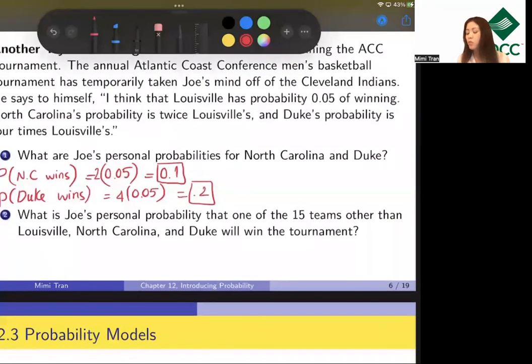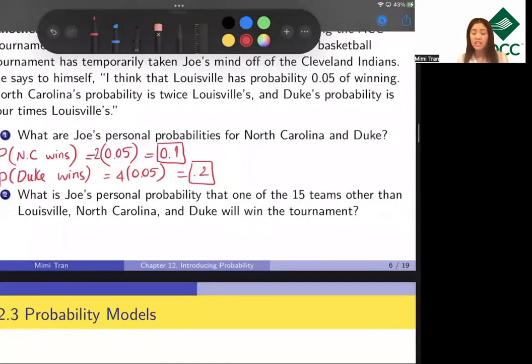What is Joe's personal probability that one of the 15 teams other than Louisville, North Carolina, and Duke will win the tournament? So everybody else, right? Well, this is just the complement now. Remember, the total probability is 1, 100%. Can't go over that.